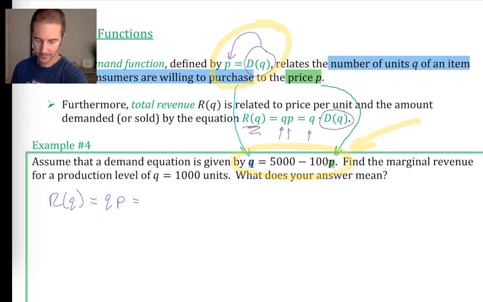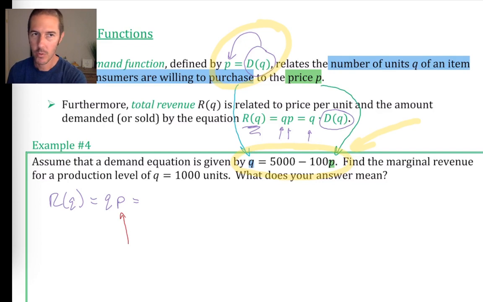Well, revenue is definitely dictated by the number of items that I sell or the consumers are buying. So I think we have to leave R, the revenue equation, in terms of Q, which means I want to replace this P value with something in terms of Q. Well, what does P equal?